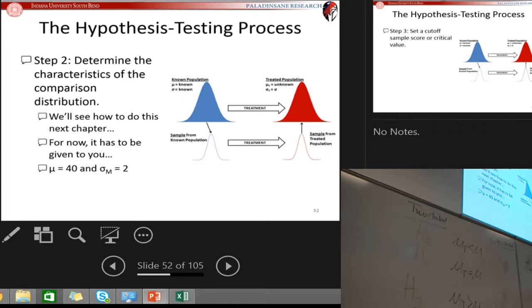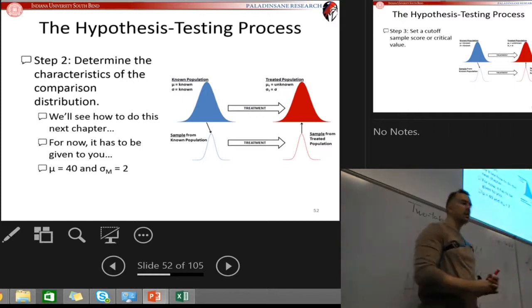It's got a mean of 40 and a standard deviation of 2. This is where we need to find where our sample is on this distribution.